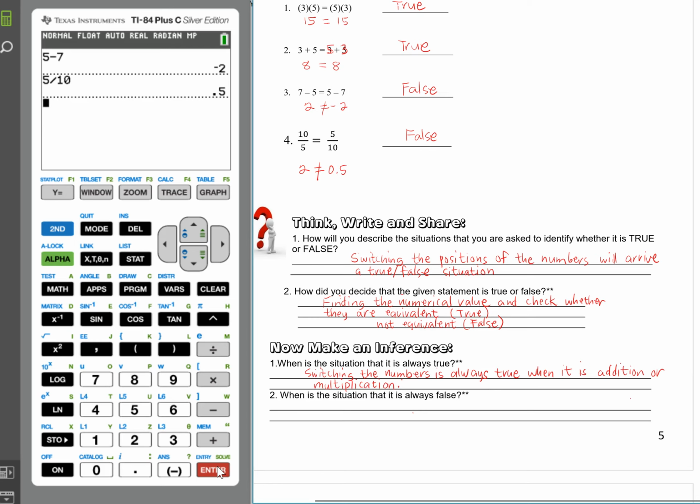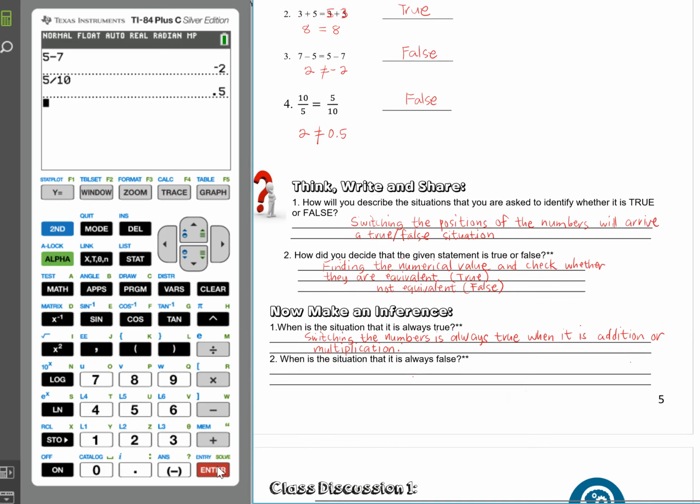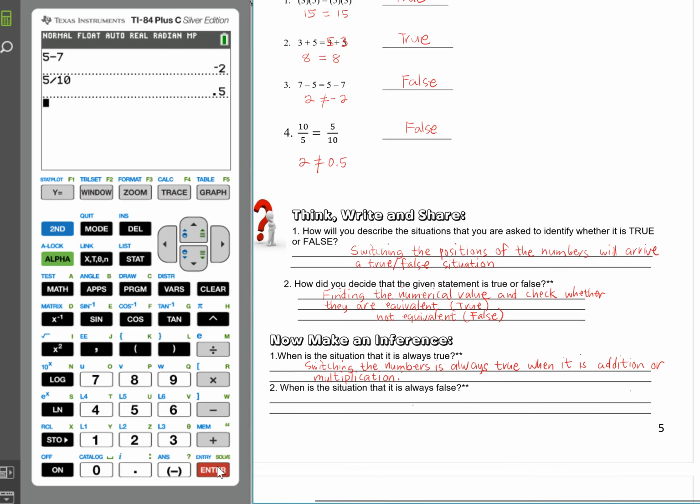And the last one, what is a situation that is always false? I would say when it is subtraction or division.